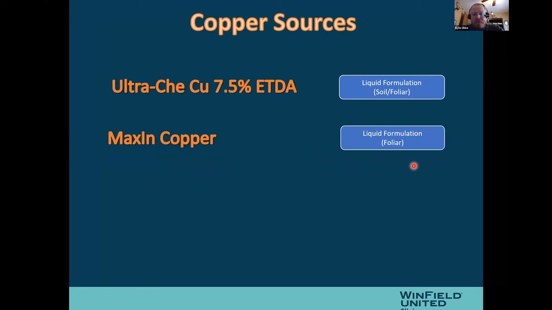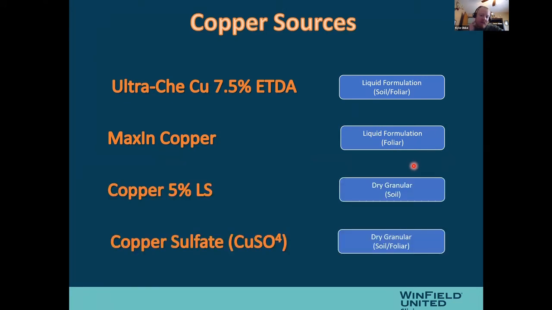Now, copper sources, there's a lot of them out there. They could be your fully chelated 7.5% coppers, to foliar coppers like Maxin, to granulars, if it's the LS, so the lignosulfonates, or even just the regular copper sulfates.